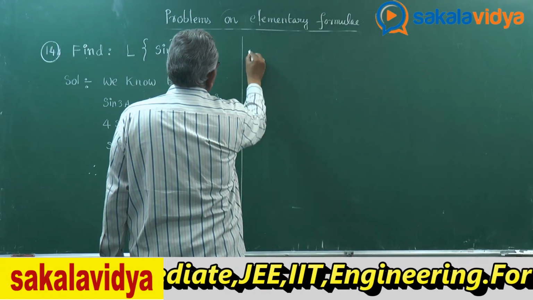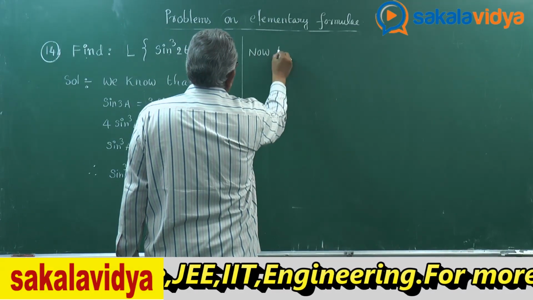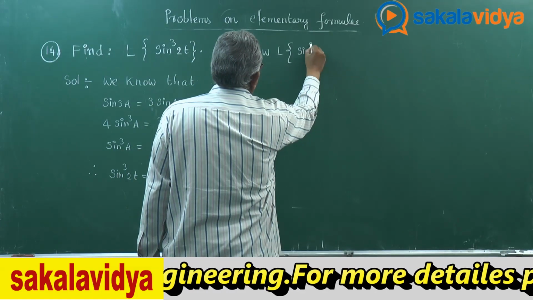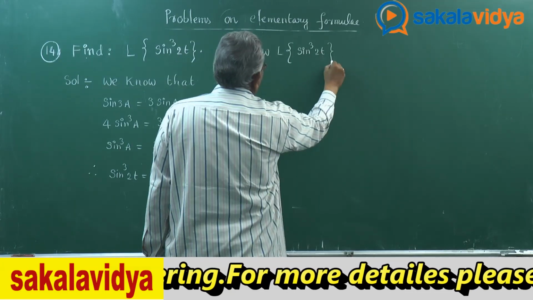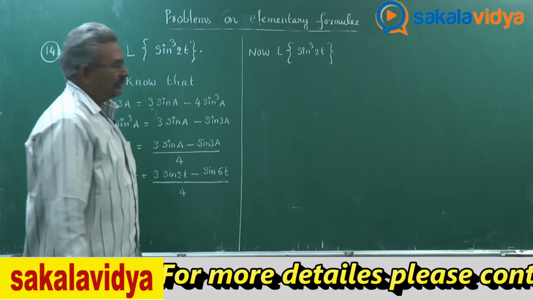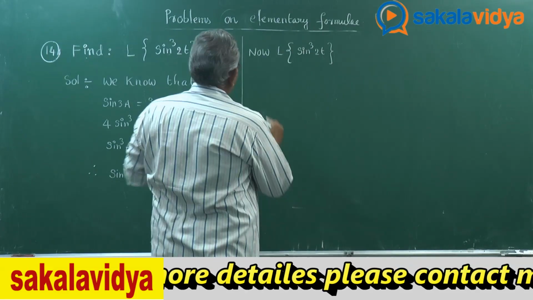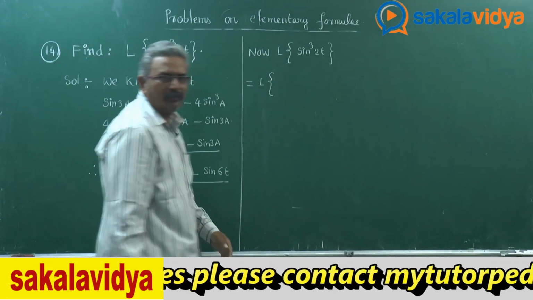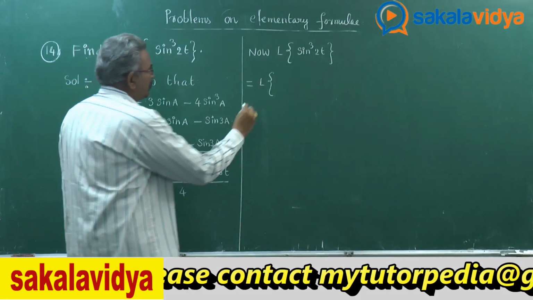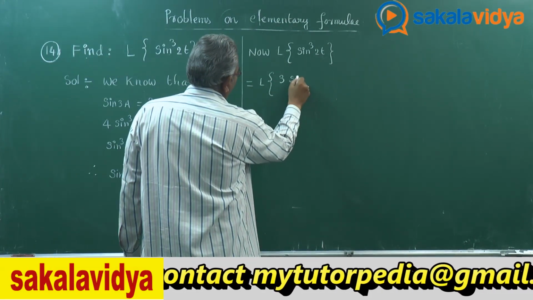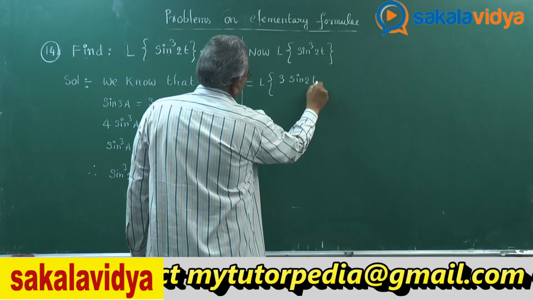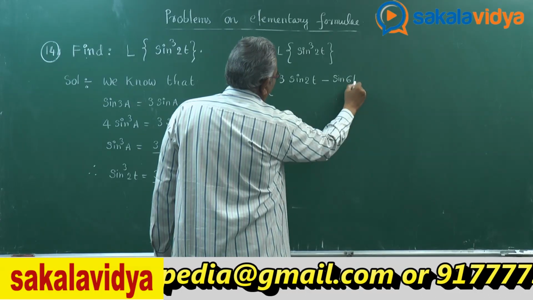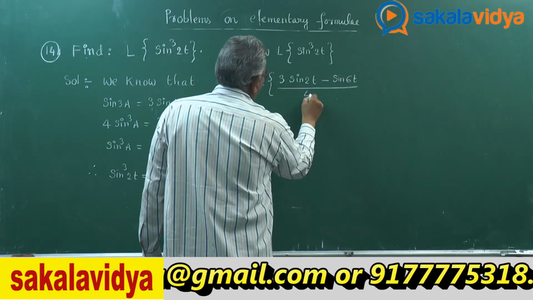Now L of sin cube 2t. Are you following? This sin cube 2t is replaced by the Laplace transform of 3 sin 2t minus sin 6t, by 4.